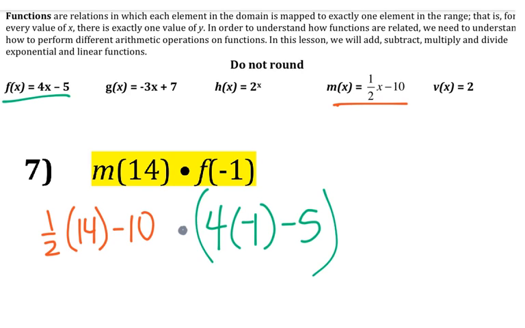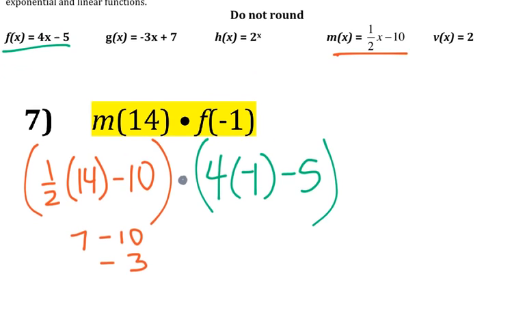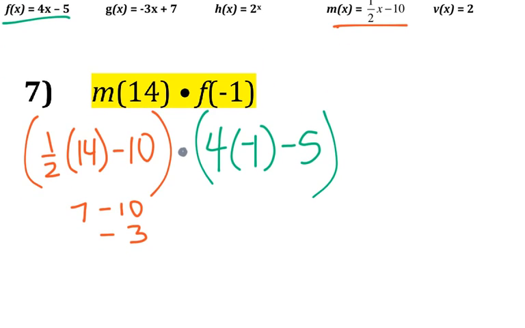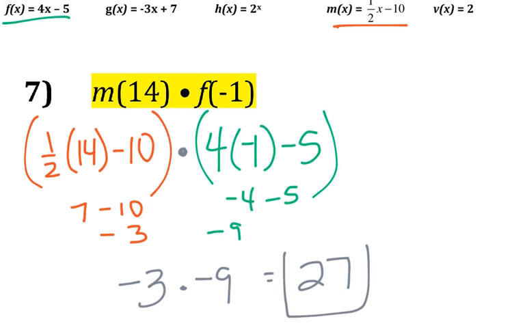So it's really important that we separate and evaluate these two pieces separately, and then we'll put them together at the end. So 1/2 of 14 is 7, and 7 minus 10 is negative 3. And over here I've got 4 times negative 1 minus 5. So negative 4 minus 5 is negative 9. So what I have now is negative 3 times negative 9, which is positive 27.